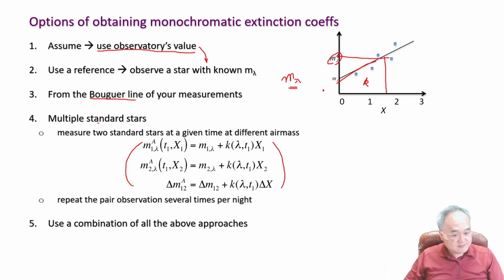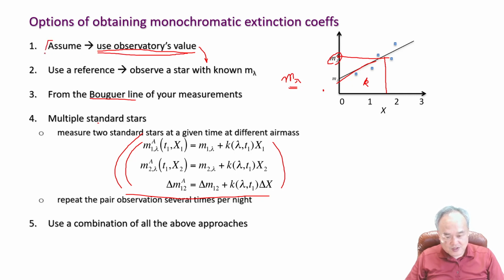Or observations spread over multiple nights can be combined together. When you derive the extinction coefficient from your own measurement, you can also compare against the observatory's known values.